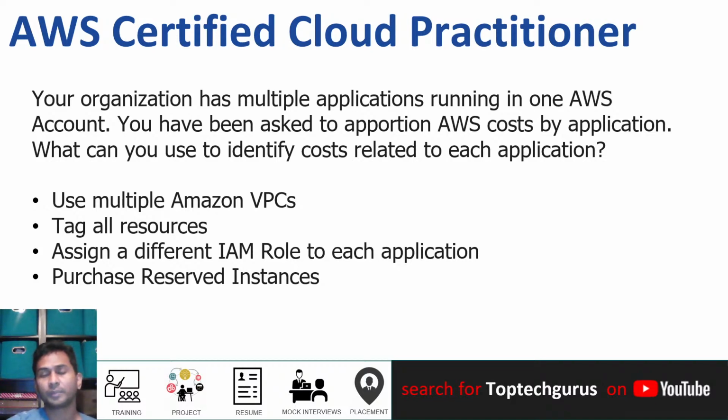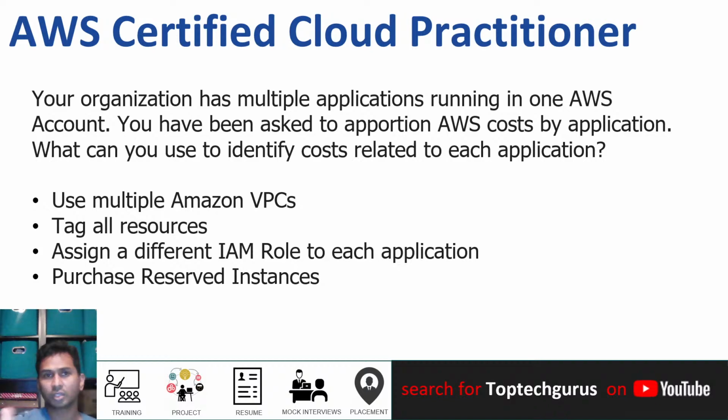Depending on the application, the IAM role gets assigned to pieces in the application. So the EC2 instances that run application A will have a certain IAM role, so not directly to the application. So that's another thing. Probably they are playing with the words here, but I'm not sure. So it could be assign a different IAM role to each application.